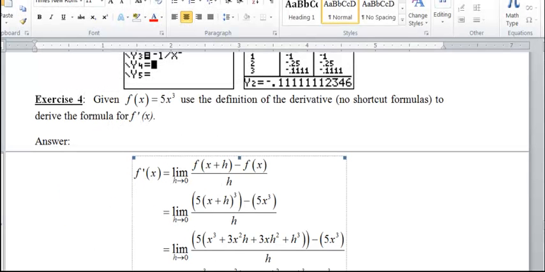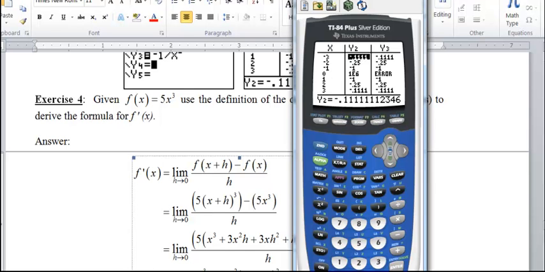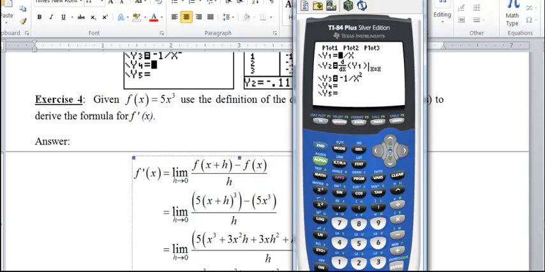Alright, let's check it, make sure we didn't make any mistakes there. Okay, check it with the calculator. So y1 is your original function, 5x cubed. Again, we can turn that off so we don't have to mess with it in the table. Can't delete it, of course. Y2 depends on it.